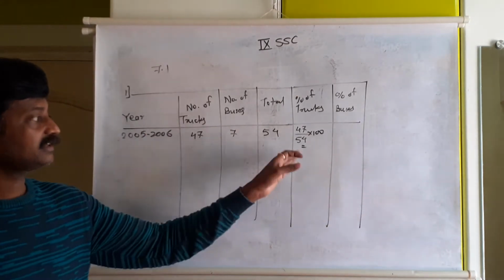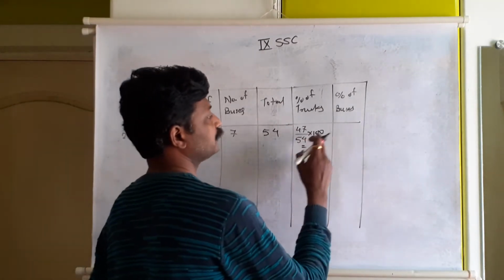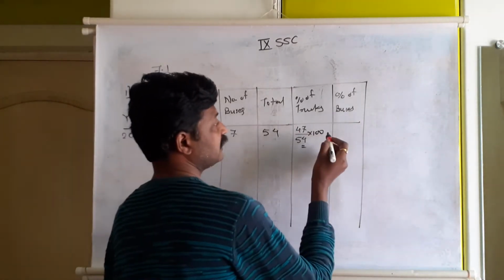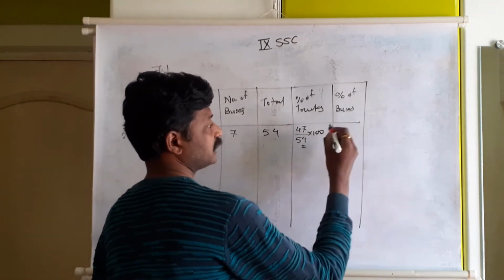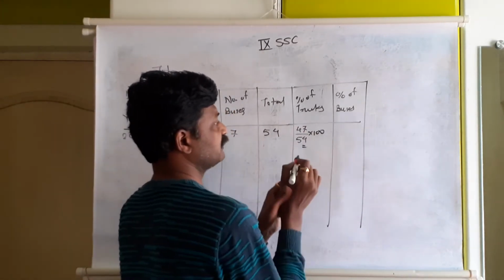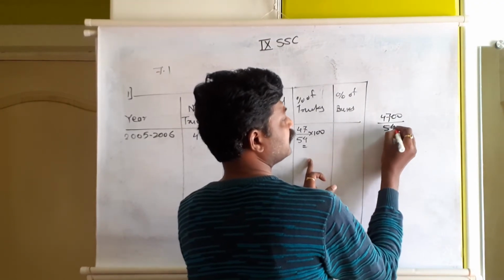We will solve it there and then come here for the percentage value. So 47 upon 54 into 100. How to simplify it? 47 into 100 divided by 54. Either we can solve this directly or make the table of 54. 47 into 100 is 4700, divided by 54.